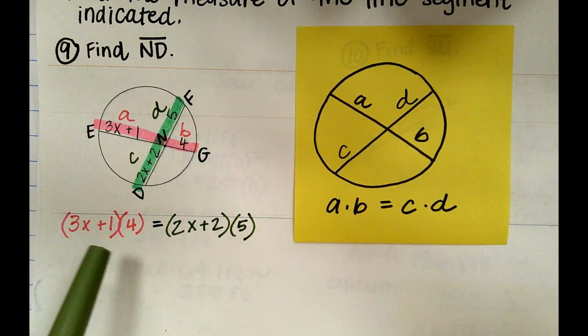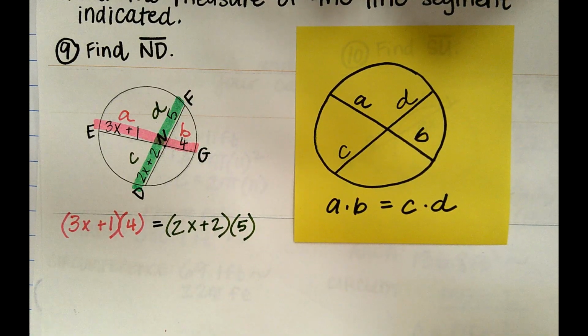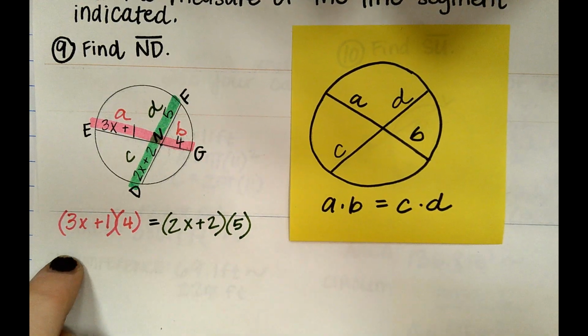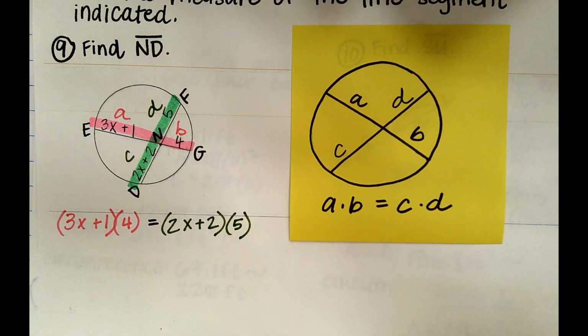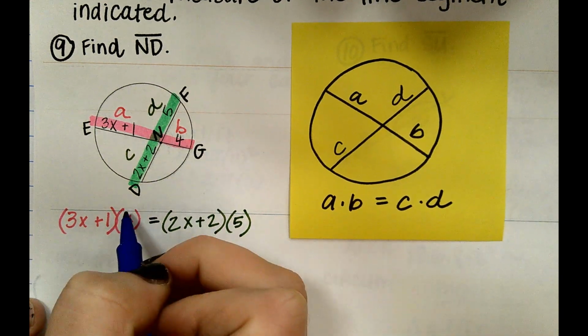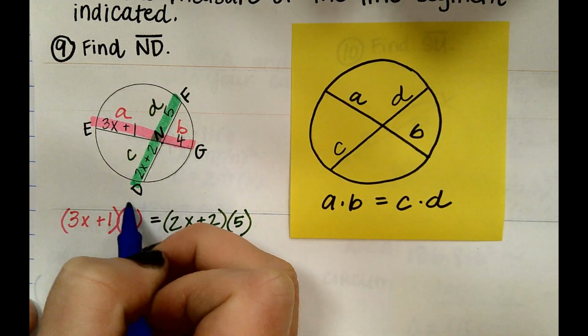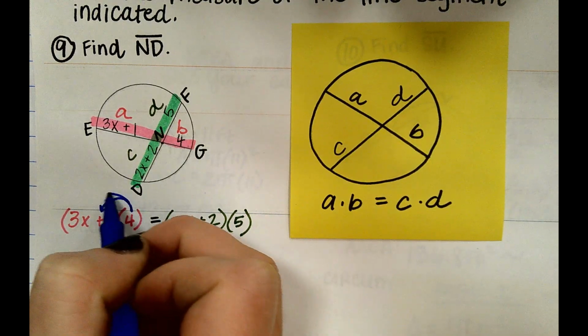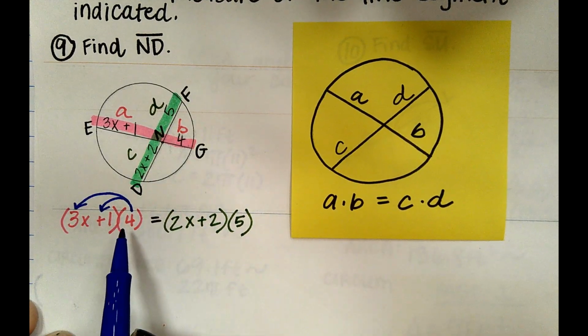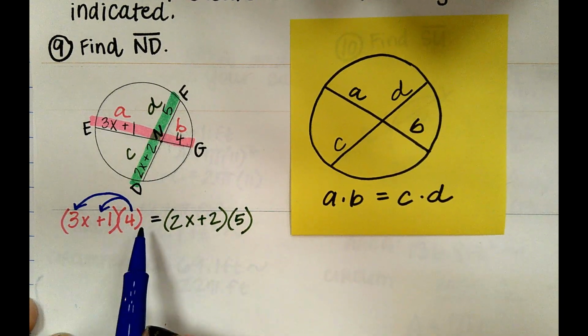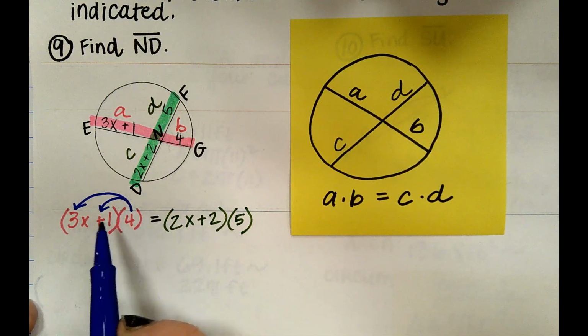Distribute. Now, if it makes more sense to you to flip these at this step so that you have 4 on the outside of 3x plus 1, you can do that. But you can also distribute this way. So I am going to, first of all, remember that distributing is multiplication. Taking 4 times 3x plus 4 times 1.